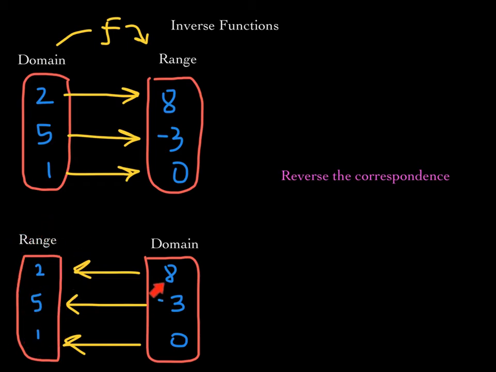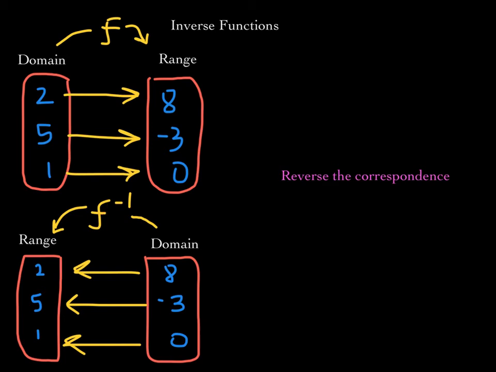Since each one of these input values corresponds to exactly one output value, this is also a function. And because we found this function by reversing the correspondence, we're going to call this f inverse. This is the notation for f inverse: it's this exponent of -1.